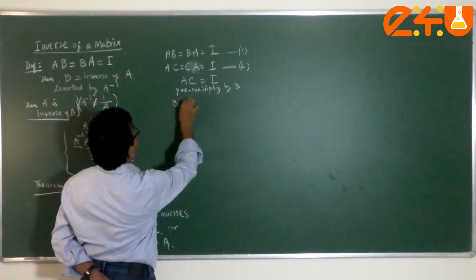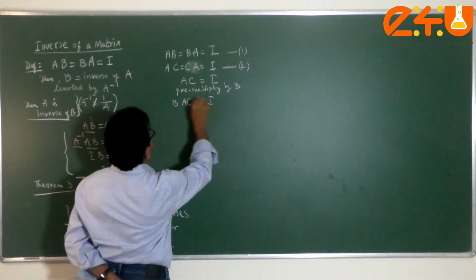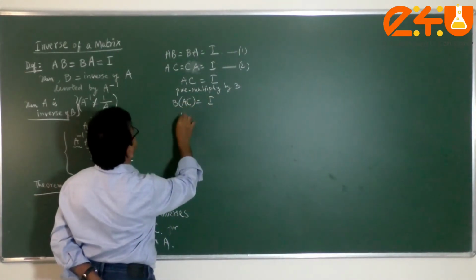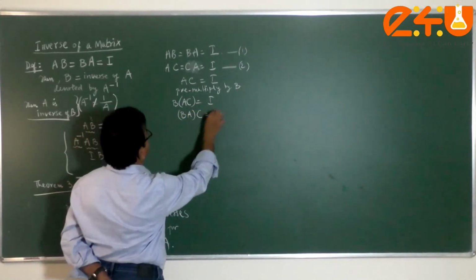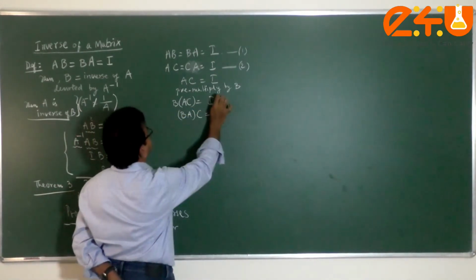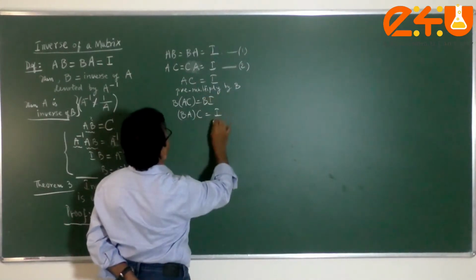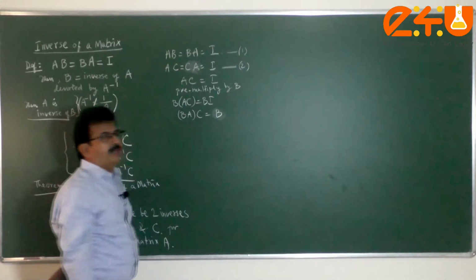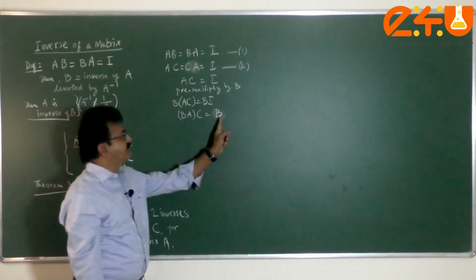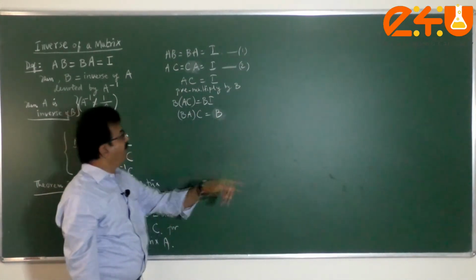So B times AC is B times I. And we know matrix multiplication is associative. Pre-multiplied by B, I and B multiplied together gets you the same answer, same matrix B.